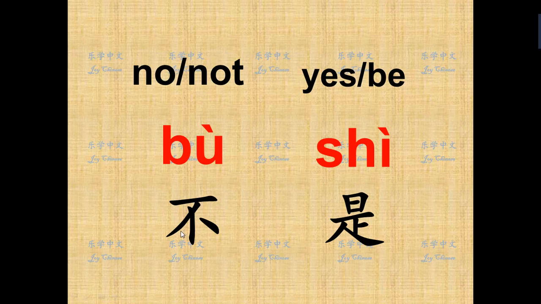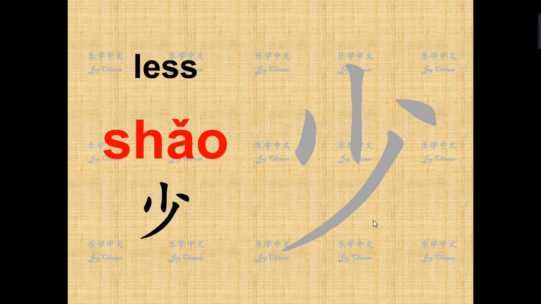So when you combine bu and shi together, 不是, it means no. When you are asked something yes or no, is that right? You say 是 or 不是.